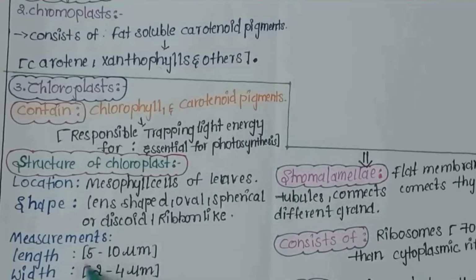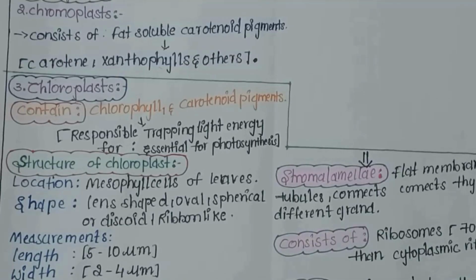These are about 5 to 10 micrometer in length and 2 to 4 micrometer in width. A variable number of chloroplasts are present in a cell, like in Chlamydomonas, where there is 1 per cell, and in green algae, these are present 20 to 40 per cell.